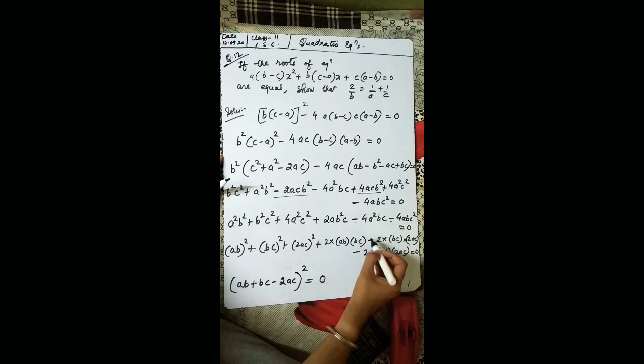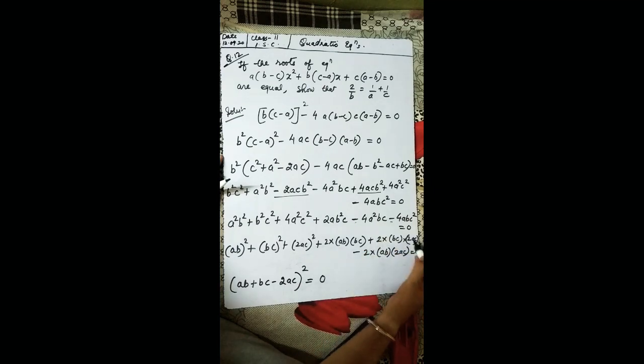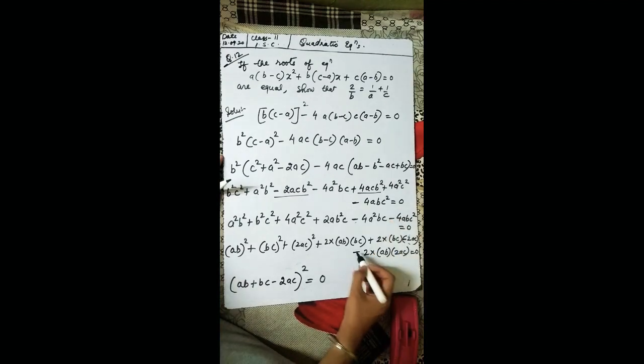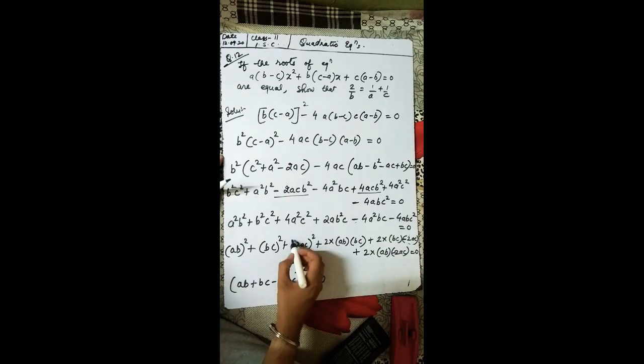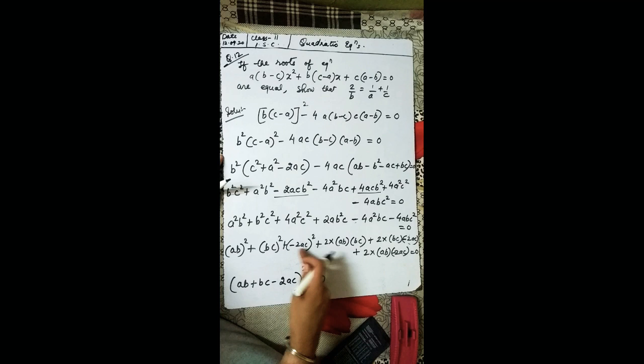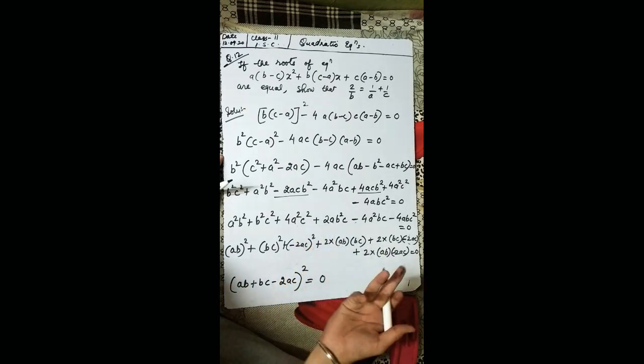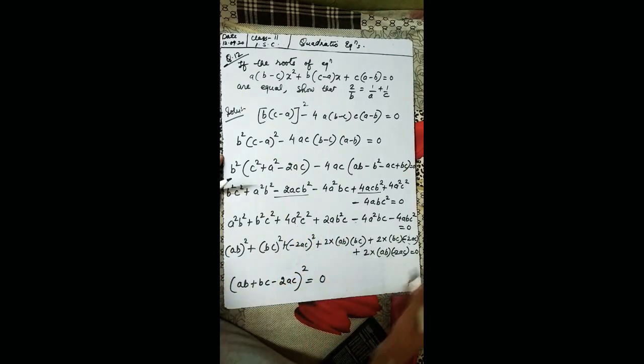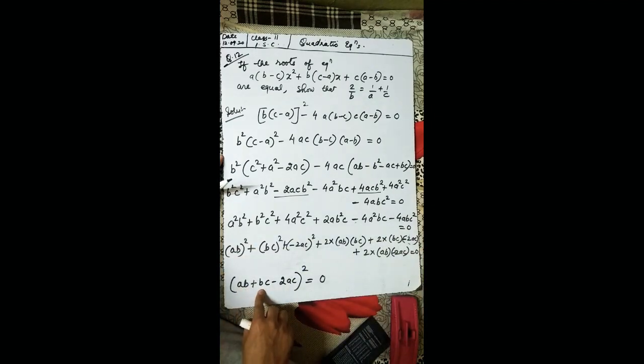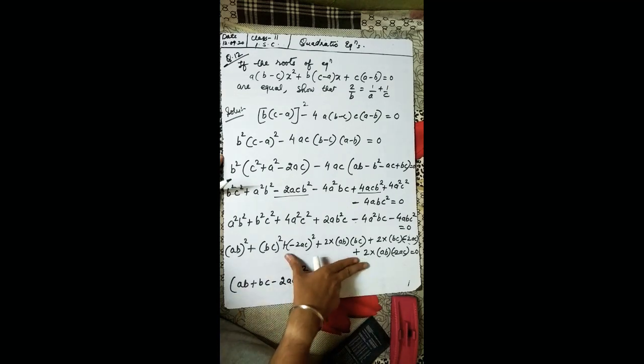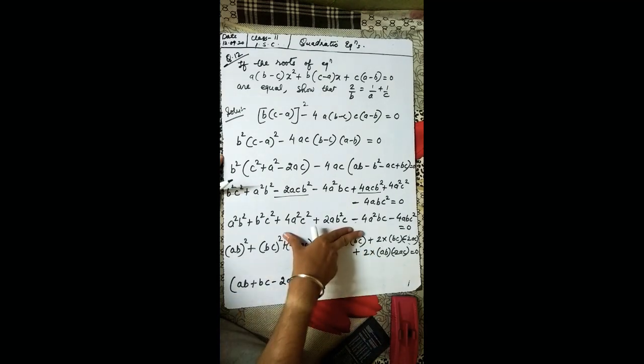I'm making this minus as plus, but I am giving that minus sign to this 2ac, and similarly this minus I'm writing plus, but I'm giving this as minus, and here also I'm making some correction, because minus of 2ac the whole square is a square c square only. So this whole we are getting ab plus bc minus 2ac the whole square. If you expand it, you will get this as an answer.